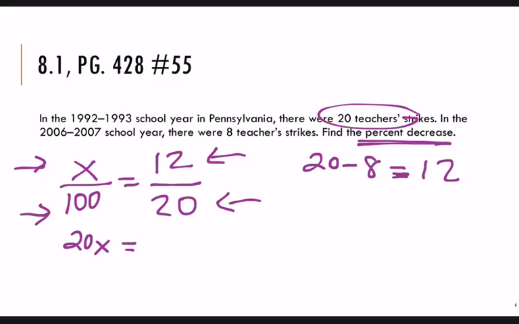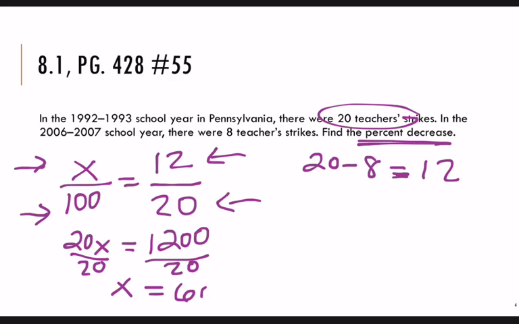Get 20x equals 1200. Divide by 20. And x equals 60. Okay, if you solve this using an equation, you'll get 0.6, and then just remember to move the decimal place since this is a percent, so this is 60%.